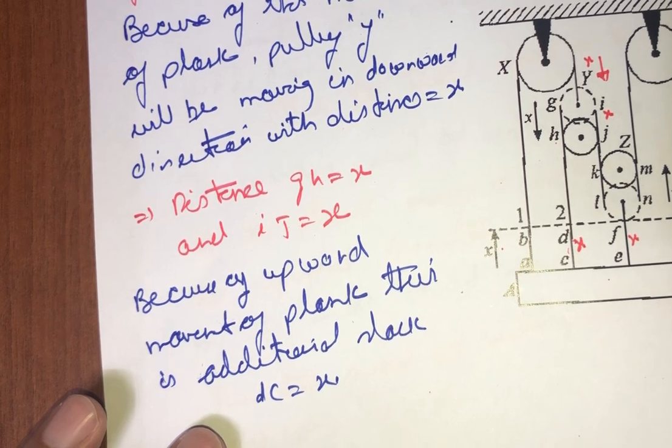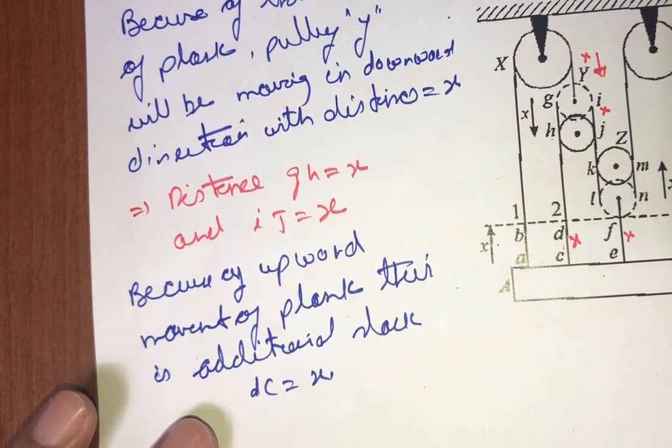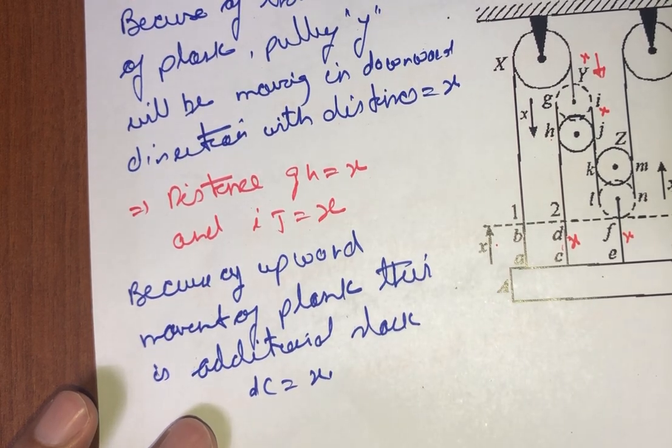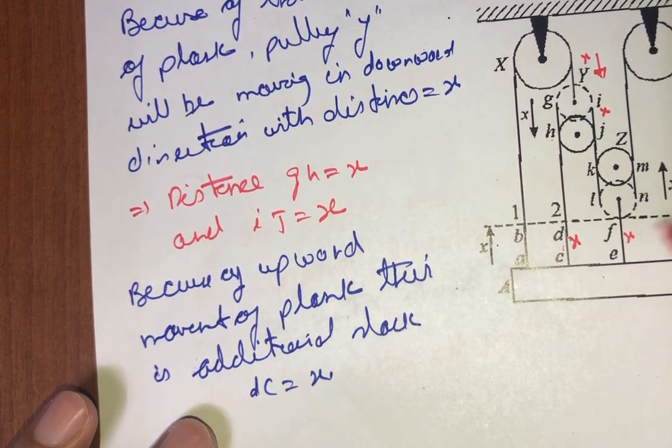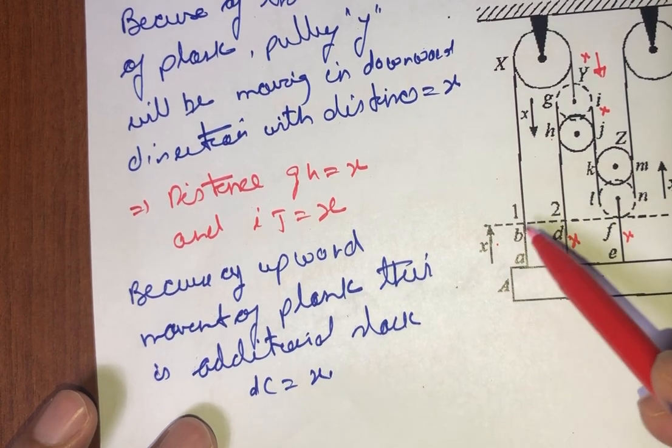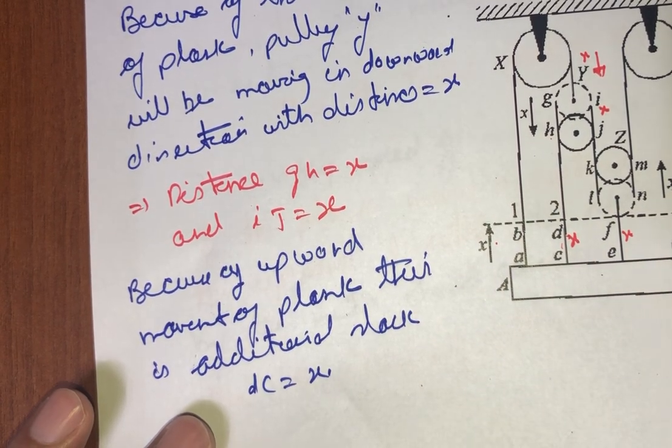The motor speed is v, so the plank should be rising with a speed of v by 6, so that there is no slack in string 1 as well as string 2. Thank you.